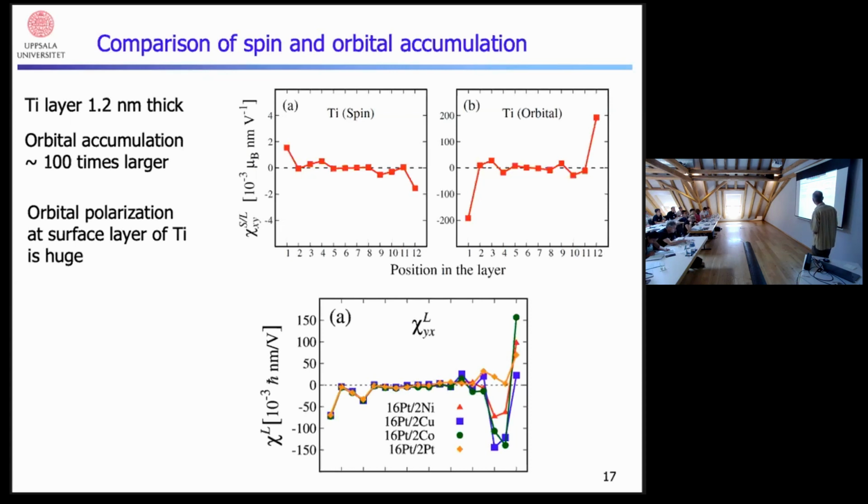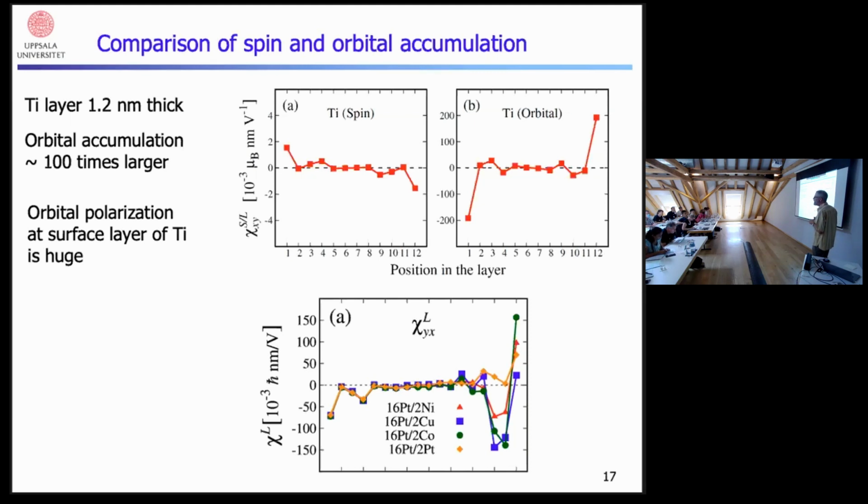And what you see here, of course, is opposite spin and orbital accumulation in titanium. It was inspired by the preprint on orbital. Here we are at 2, and here we are at 200. So we see really that the orbital accumulation in titanium is a factor of 100 larger than the spin accumulation.